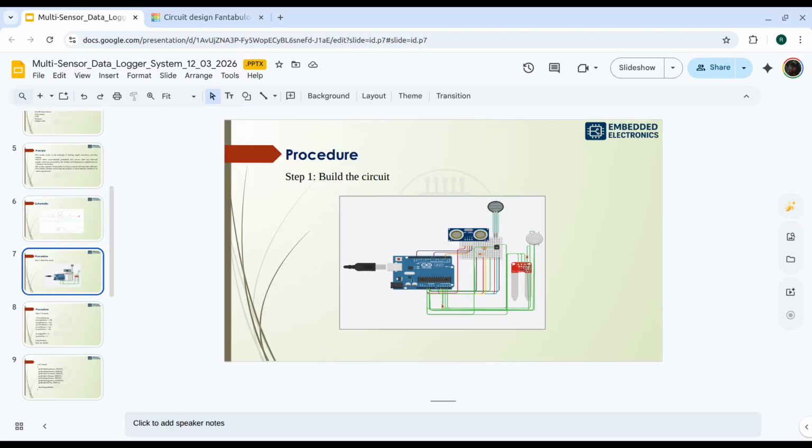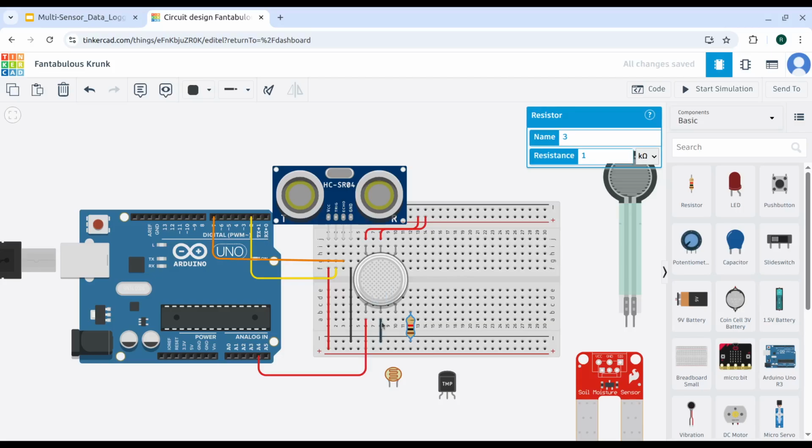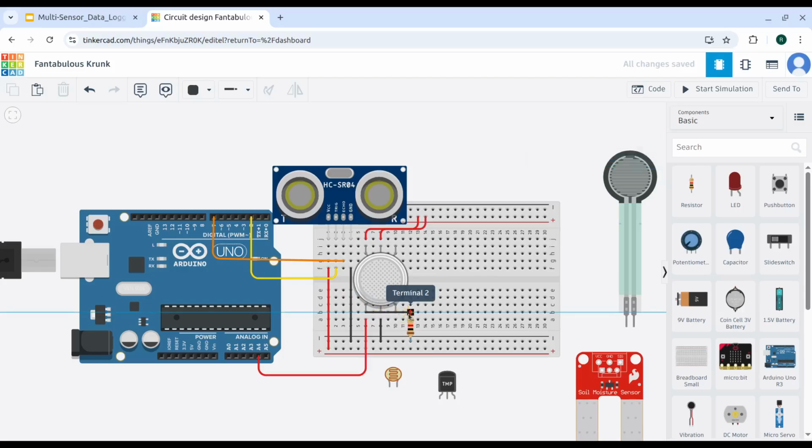See here, we need to connect this to here, then we need to connect, yeah, let's connect it to ground, then short this. Yeah, we need to connect this to ground. So this is ground. So that is gas sensor connection. Gas sensor, ultrasonic sensor done.